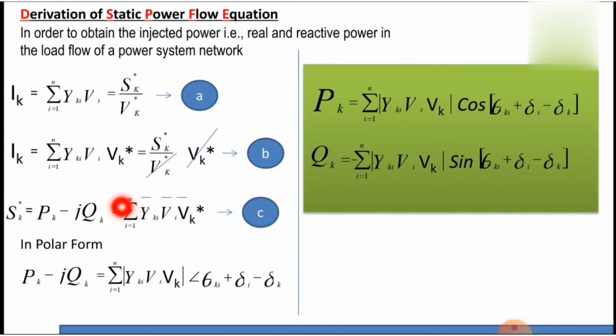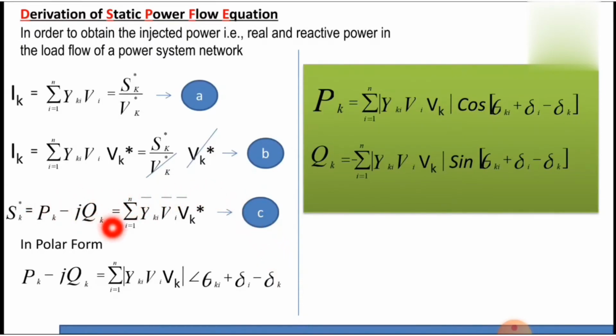I am representing this one in terms of a polar form. That means I am considering the magnitude and the phase angle of these quantities. For the Yki, I am considering the phase angle is theta ki, and for this Vi I am considering the angle is delta i, and for the Vk I am considering the angle is delta k, let it be.